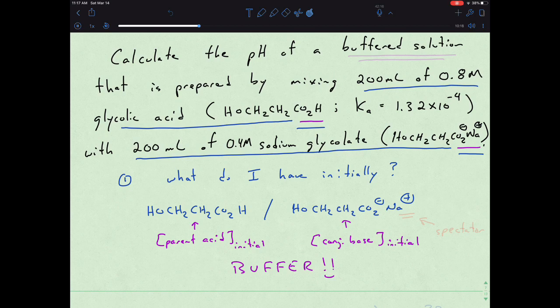We can also see that in the actual question, we're calculating the pH of a buffered solution. Sometimes that language is within the question, which makes it very helpful to realize that I have an actual buffer.